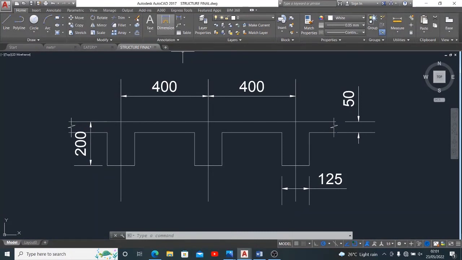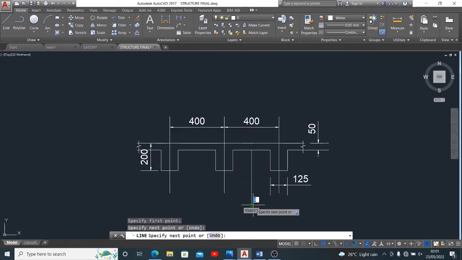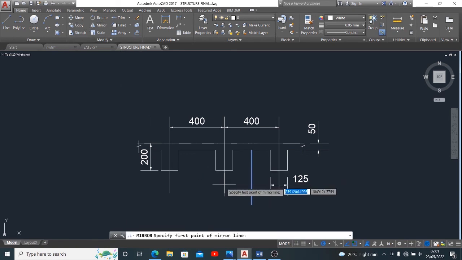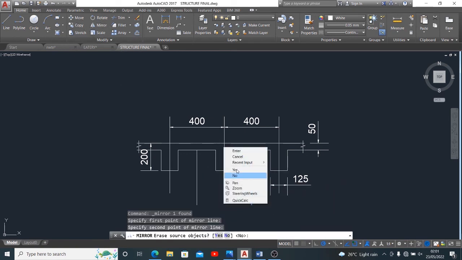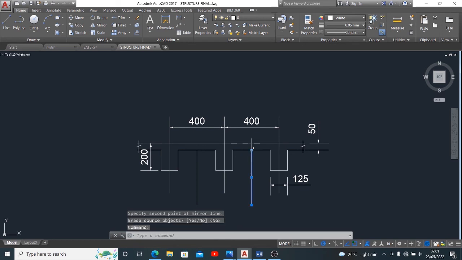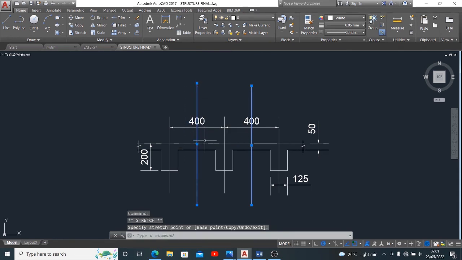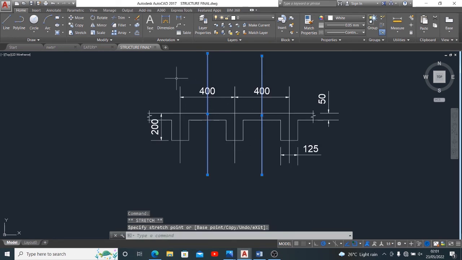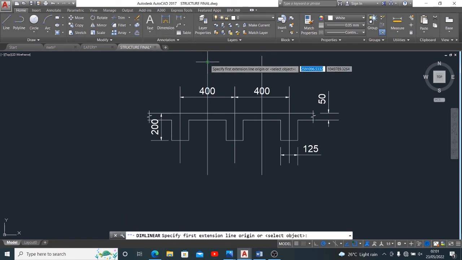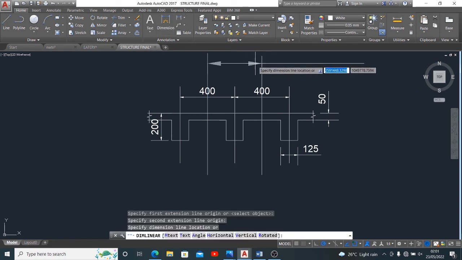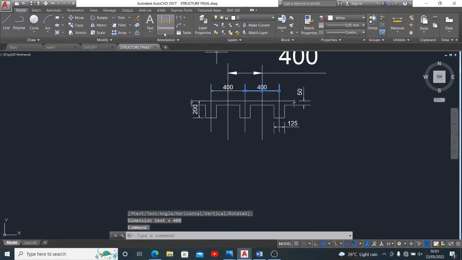I will illustrate something to you so that you can understand now. What I'm trying to do is bring out the mid section of that particular rib. If I bring out this mid section and I measure it, it's going to give me 400.